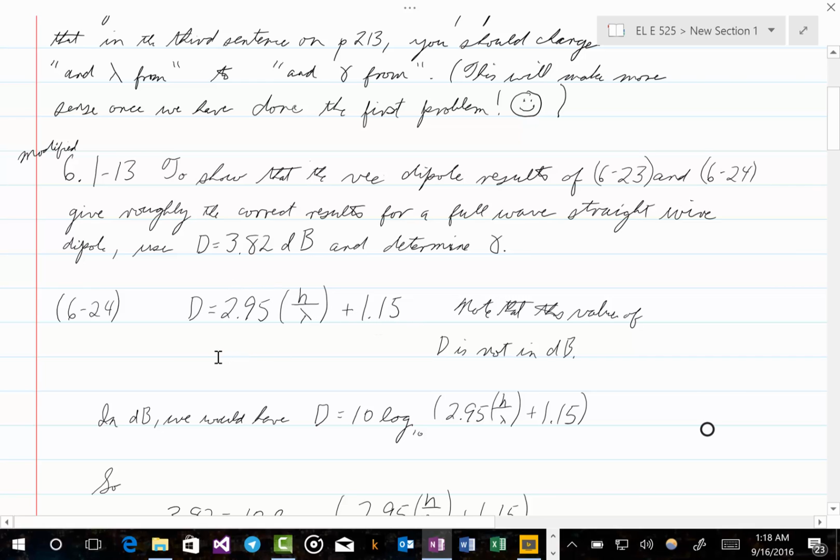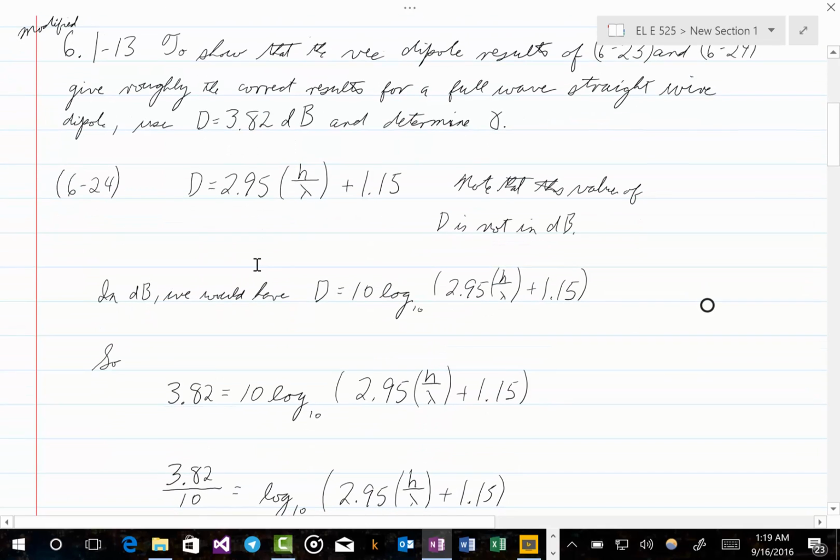And of course, the way to do that is, instead of using this unitless form of D, take 10 times the log base 10 of that value. So in dB, we would have D is equal to 10 log base 10 of 2.95 h over lambda plus 1.15.